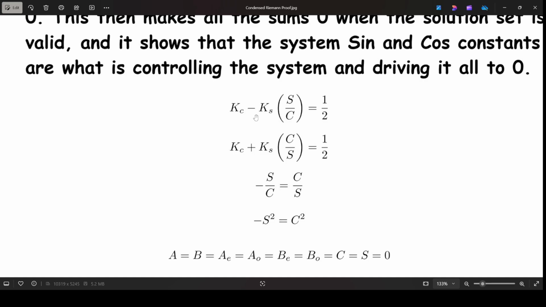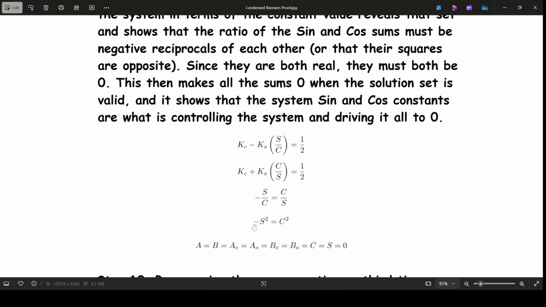You get the Kc minus the Ks times this equals 1/2, and the Kc plus the Ks times this equals 1/2. So the only way that this can happen is when this term here equals this term here. That is, when the ratio of those sums, the sine and cosine sum, are negative reciprocals of each other. Or you could think about that via cross multiplication, as the squares have to be negative of each other.